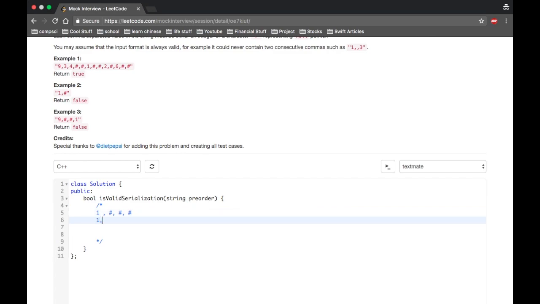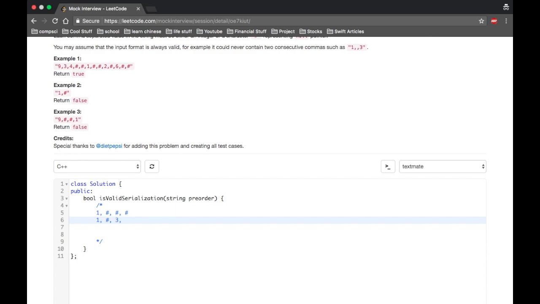If it's, let's see, so if it's a hash, number, hash, and then another number, so that's the right node.